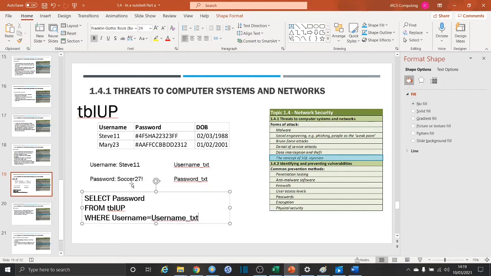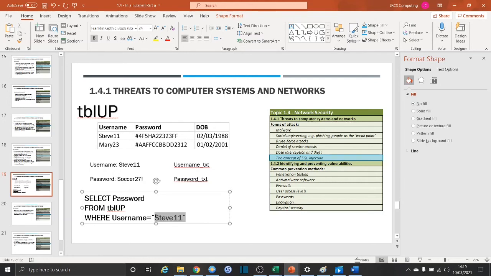And what if I wanted to get back all the passwords? But remember, all I can change is what's here, because this is the bit that I get to type into this box. So when I run this, Steve11 would be put in. If I pressed go now, bang, it would get back the password or whatever.